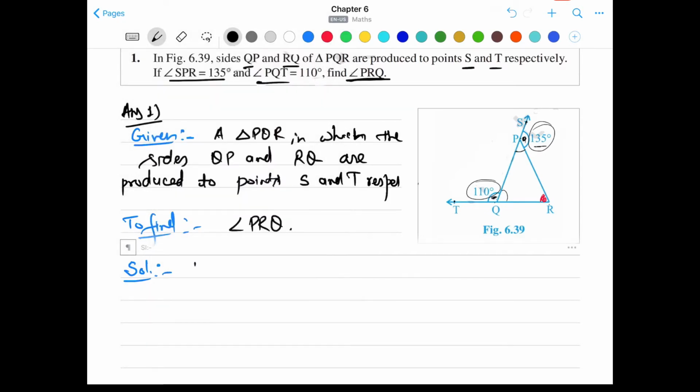All right, we have angle QPR plus angle SPR equals to 180 degree. Okay, this angle QPR plus angle SPQ.